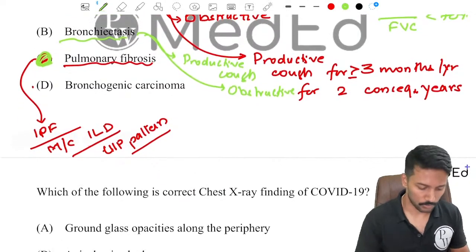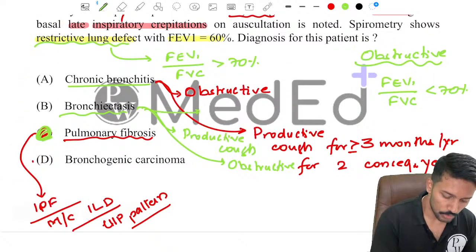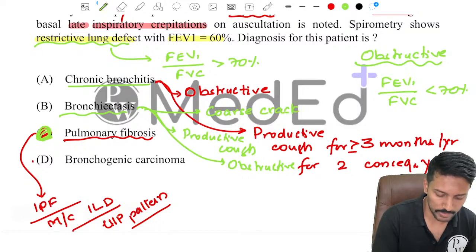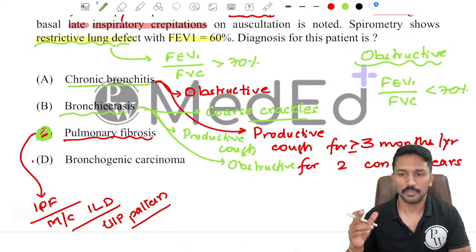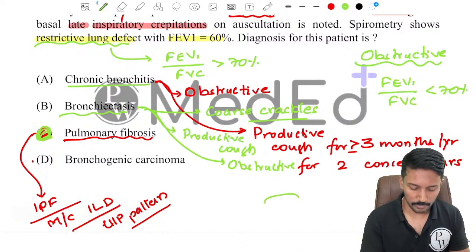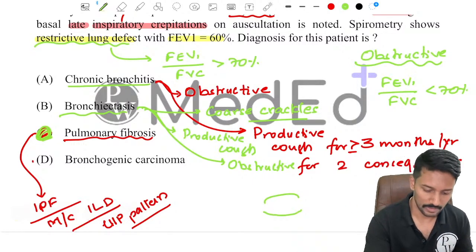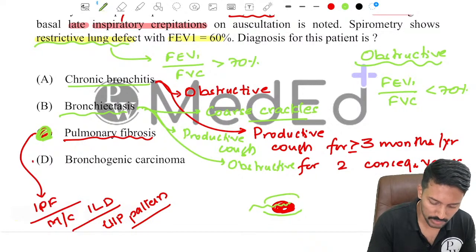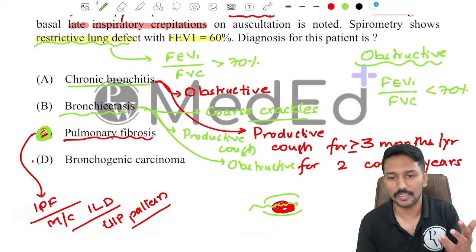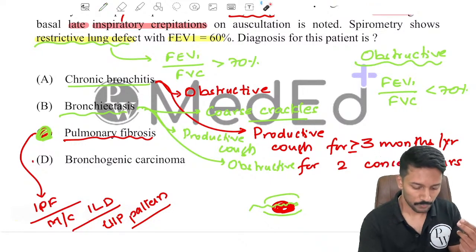One more point about bronchiectasis. In bronchiectasis, you will have coarse crepitations. Crepitations will be coarse, not fine like we are seeing here, and they will not be end inspiratory. In bronchiectasis, a small segment of the bronchial tree is dilated, irreversibly damaged, and there is accumulation of mucus. So when air flows through this mucus, it produces bubbles, and we hear that as the crepitation.